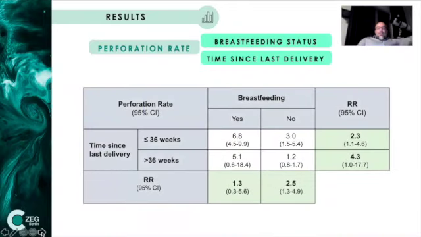where we stratified time since last delivery, 36 weeks and below, and more than 36 weeks. And this is something I have to explain because 36 weeks seems very long. But these analyses were data driven. We saw in our plots that the risk in our study population at least really dropped only after 36 weeks.